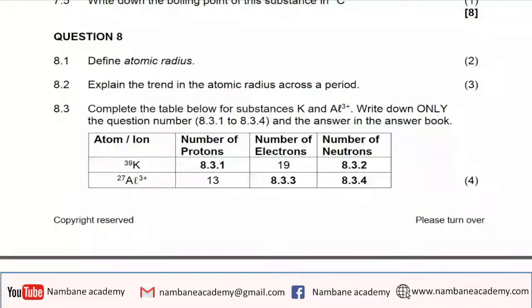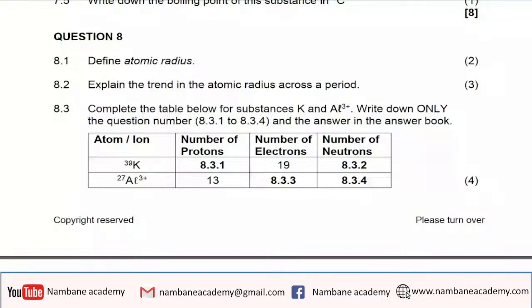And then the next question, 8.3: complete the table below for substance K and aluminum ion. Write only the question numbers 8.3.1 to 8.3.4 and the answer in the answer book.